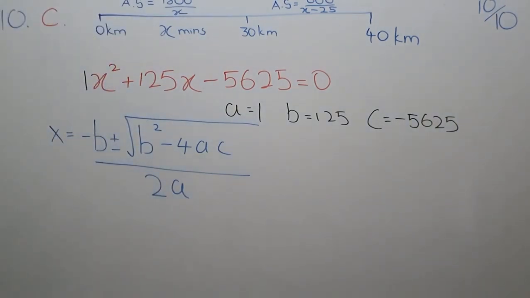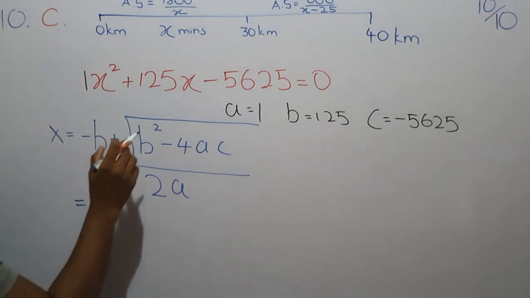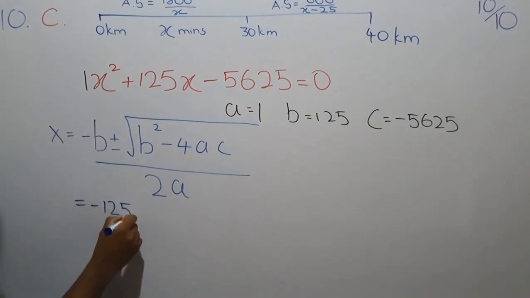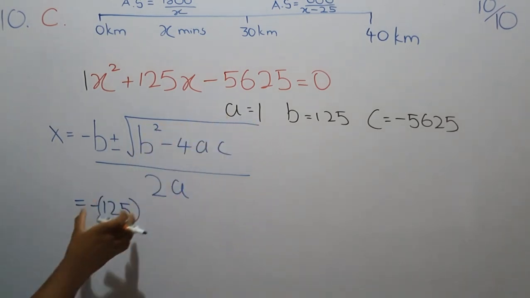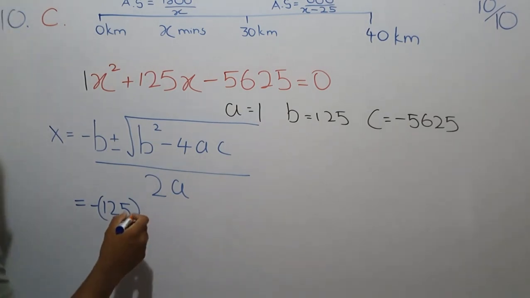So now we'll apply to the formula. X equals minus b is minus 125. Put brackets. If the b value is a minus value, minus will become plus. So always put brackets.